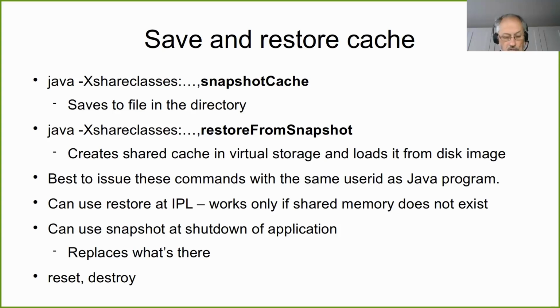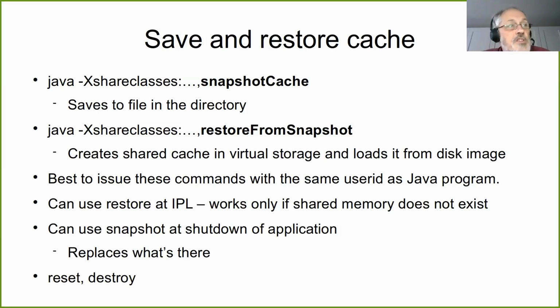Now, I had great problems trying to do things like backup and restore of the cache from my user ID, Pace, which was different to that used by Zoe. So my recommendation is to use the same user ID for backing up and restore as you do when you run it. So what I've actually done now is to change my Zoe startup to say, first step, restore the snapshot.